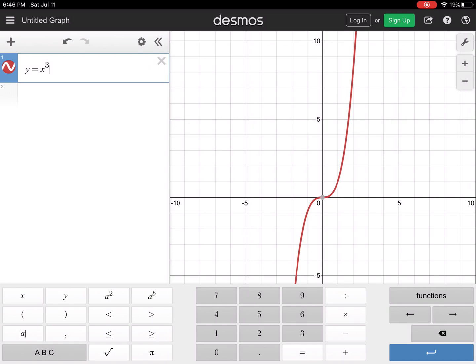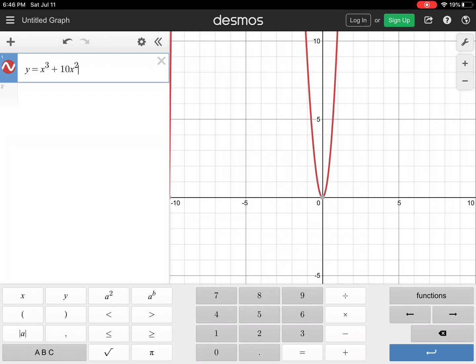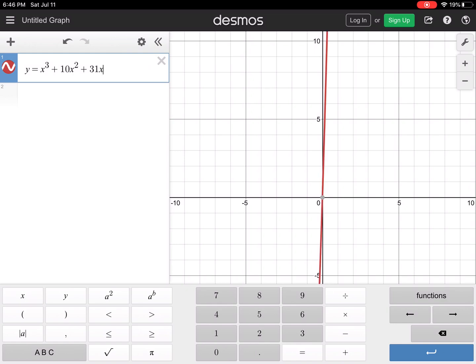And then we want to go plus 10x squared, and then plus 31x, and then plus 30. Okay, so we're using y and x instead of v and h, right? So we want to figure out what is v, what is y going to be when x is 8.